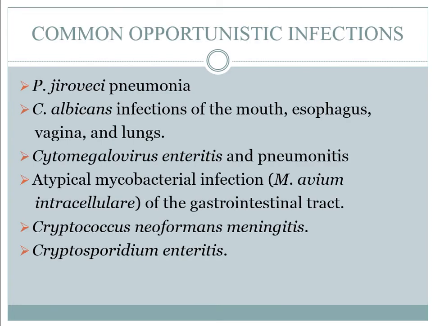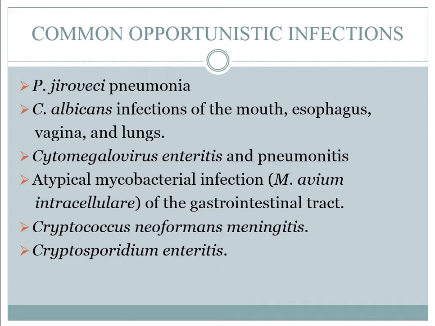What are some of the common opportunistic infections? Opportunistic infections are these infections which come as a result of low immunity that is brought about by the infection, that is HIV. And the first infection is the pneumocystic jirovecii pneumonia. Another one is Candida albicans infections of the mouth, esophagus, vagina, and the lungs.